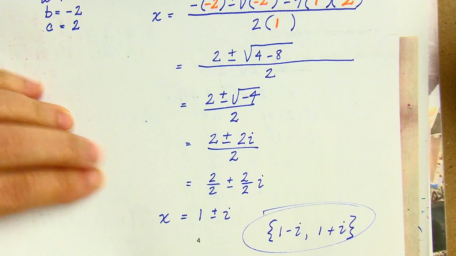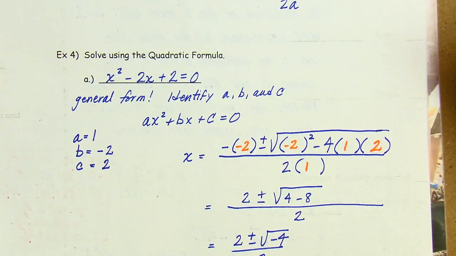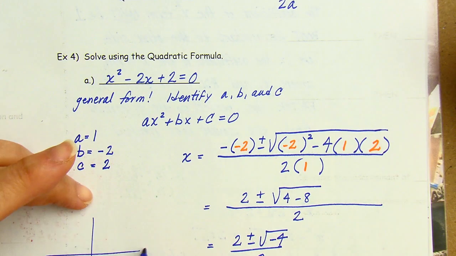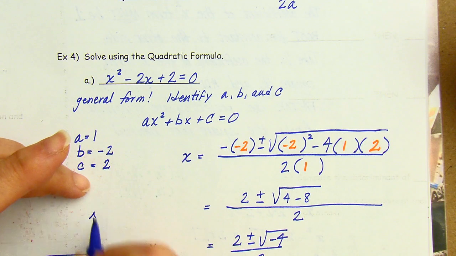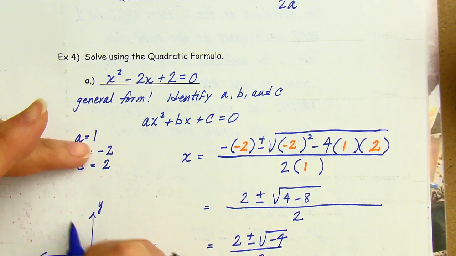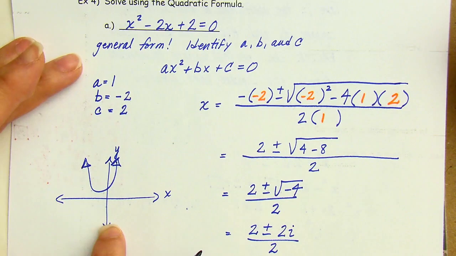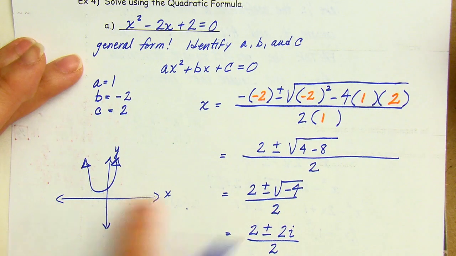Let's look at the original function. It's positive. The parabola opens up. So since the parabola opens up, we must be somewhere on the coordinate plane above the x-axis. It's never going to pass through it.